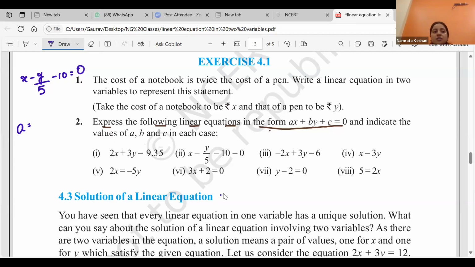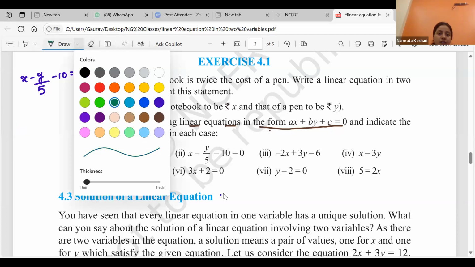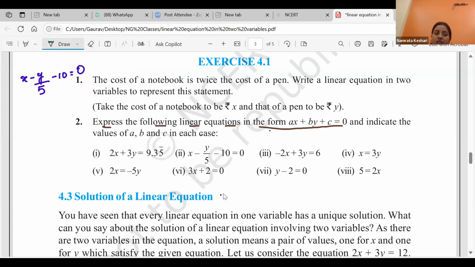The first way is we can say this is just x, and the next one, y by 5, can I write it as 1 by 5 into y? We can write it, right? And the 10 I'm copy pasting as it is. Why did I do it like that?